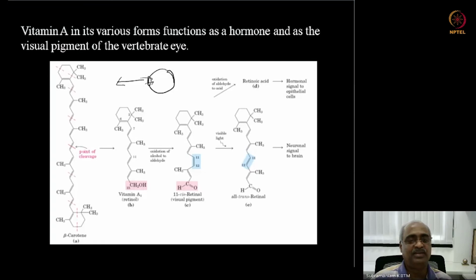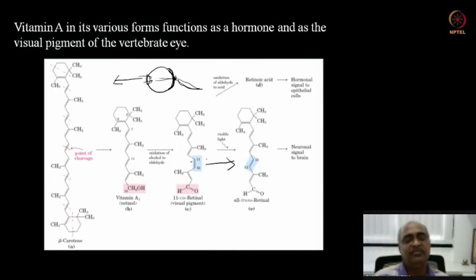At the back of the eye is the retina, and this is where the light falls and activates, and this transformation happens. Through the optic nerve it goes to the visual center of the brain, and there it generates a signal, which is an electric signal in the optic nerve.